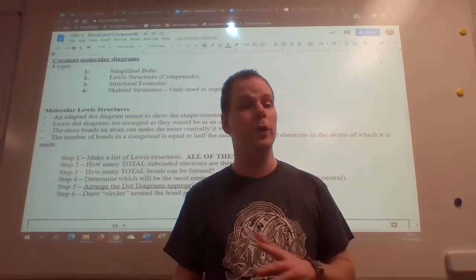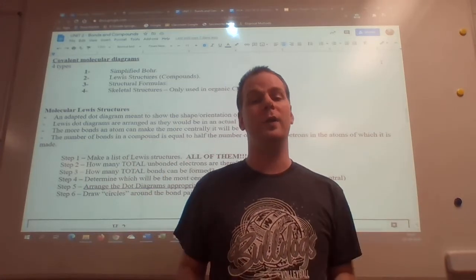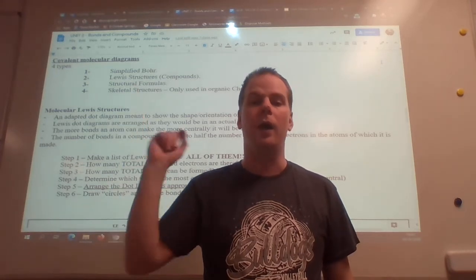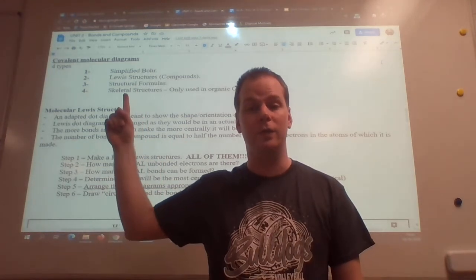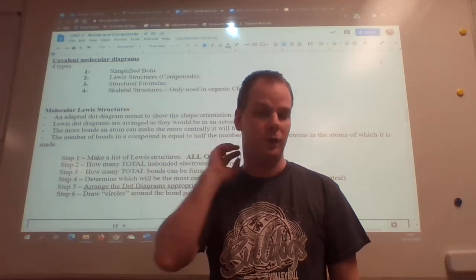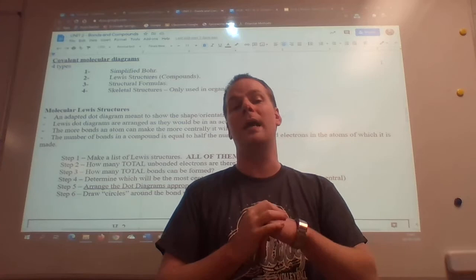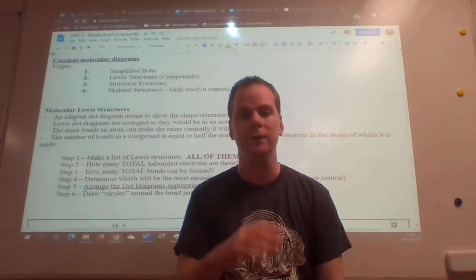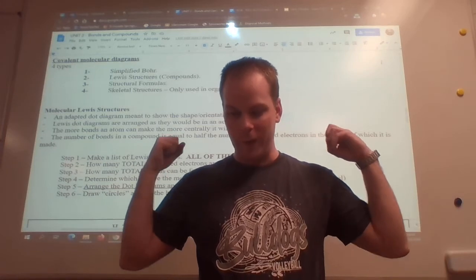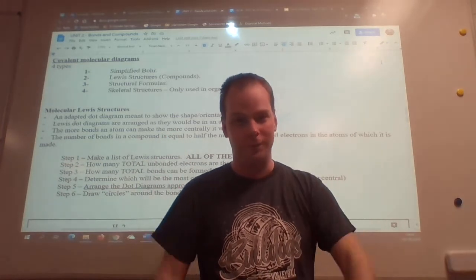So instead, we're going to switch, and in this video, we're going to be talking about molecular Lewis structures. In the next video, I'll be talking about structural formulas, and sometime next semester, we'll be dealing with skeletal structures, which can allow us to draw even larger compounds with even more precision.